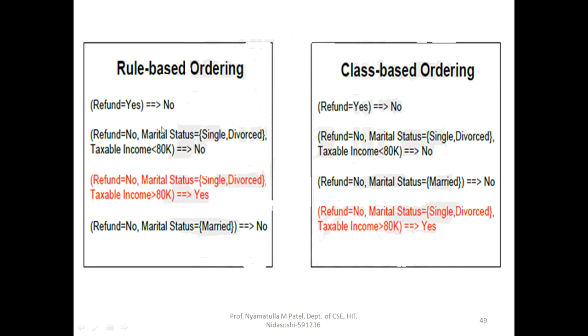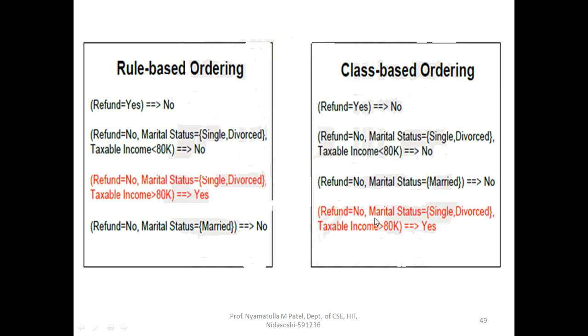Now, in class based ordering, what rule are we applying? This classification is based on the rule that we apply. In the first condition we test only one condition, in the second case we test the second condition, and in the third case only one condition is changed. Here the income is less than 80k and here the income is more than 80k.